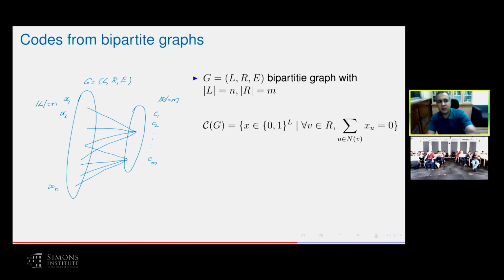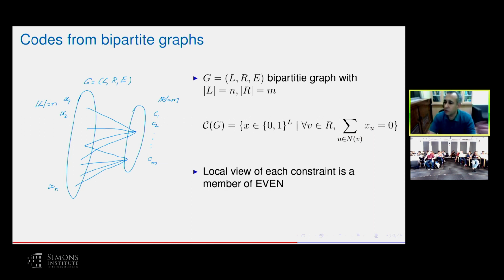So we talked about these codes from a bipartite graph, which is this object which I talked about previously. You're given a bipartite graph, and you can talk about the natural code that arises out of it. So what is it? We are stating that every constraint on the right-hand side should see a member of the code even.